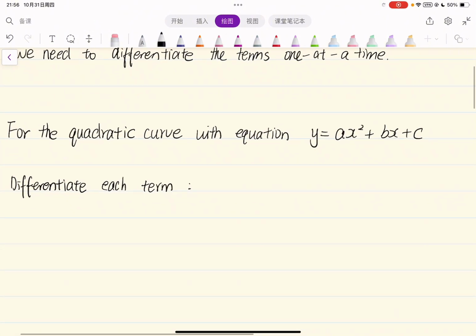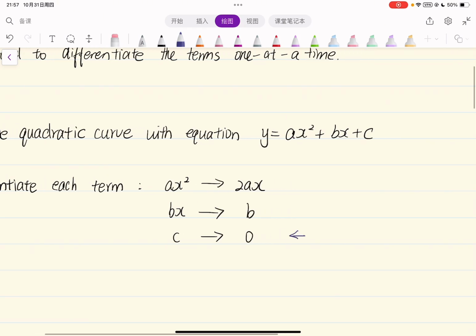So we have the terms ax squared, bx, and c. Then you differentiate the first term, ax squared, we have 2ax. For the second term, we have b, and for the constant term, we have 0. You can see that the constant term disappears after you differentiate it.